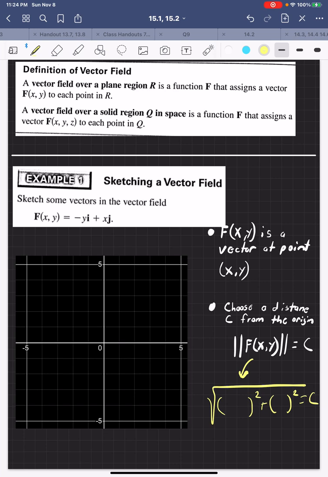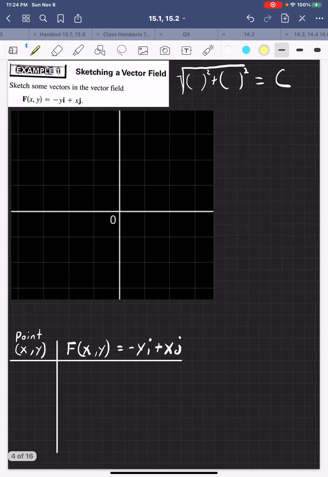So let's go ahead and get started. In this case, I'm going to be plugging in the i component and the j component, and then squaring them, and setting that equal to c.